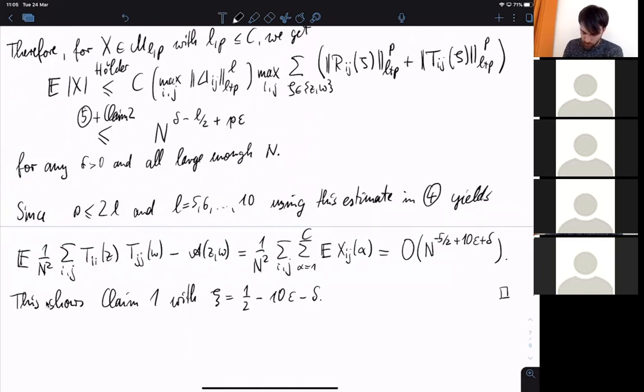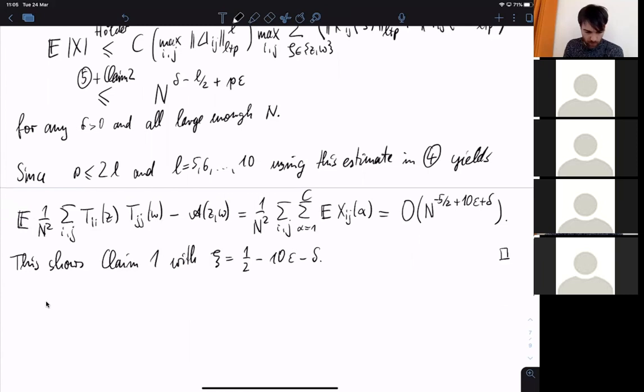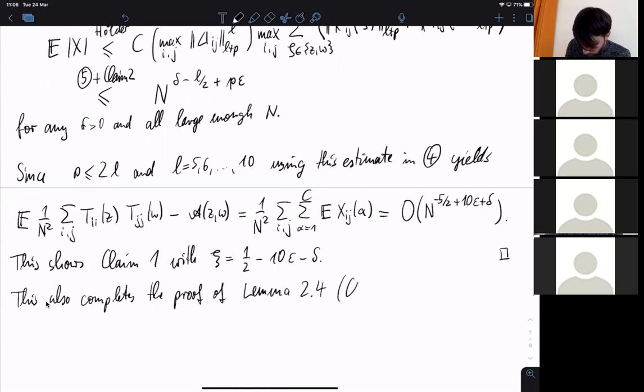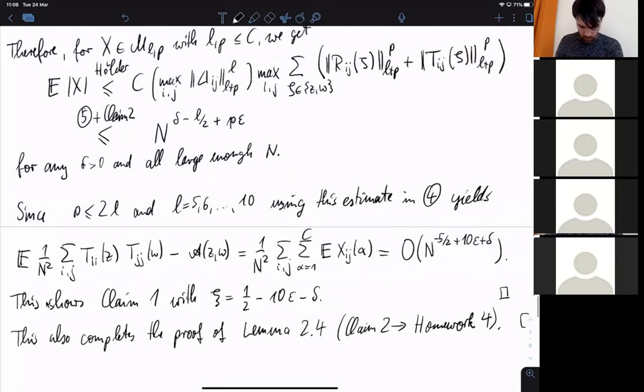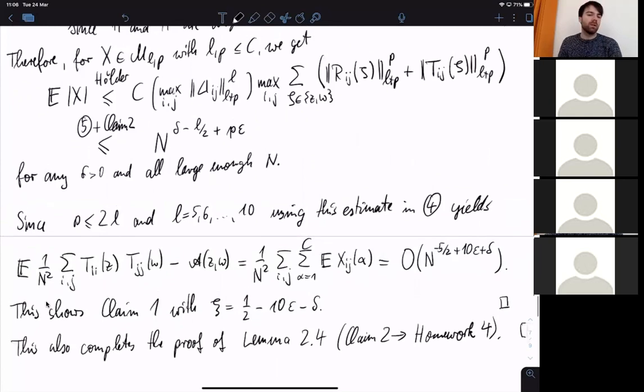So this finishes the proof of claim 1. And it also completes the proof of this lemma, because the other claim will be a homework. Lemma 2.4, claim 2, we'll do it on homework. Homework 4.